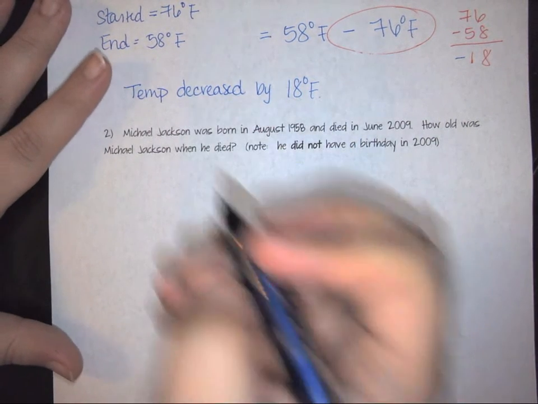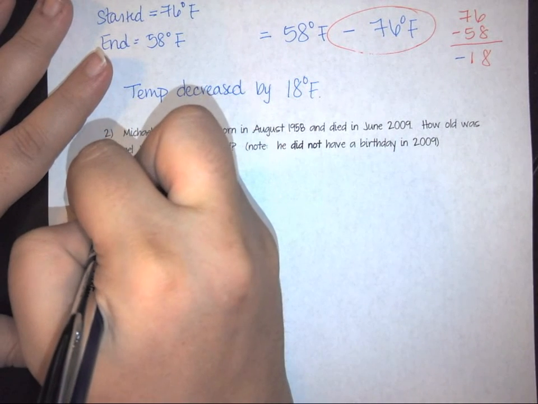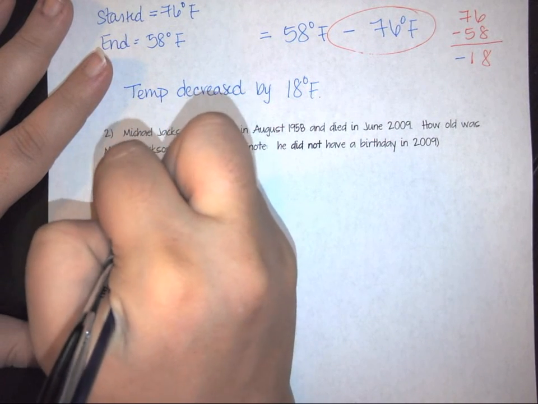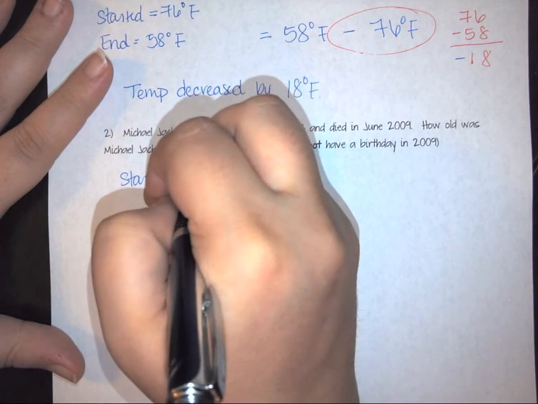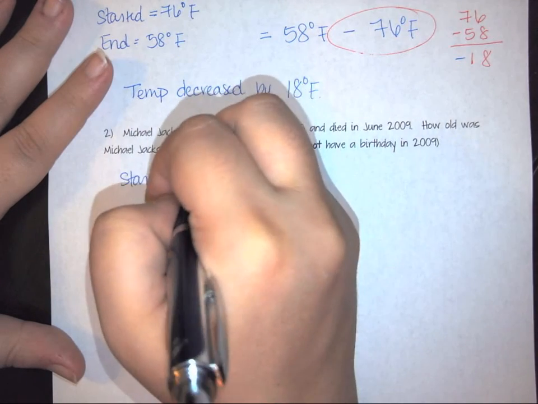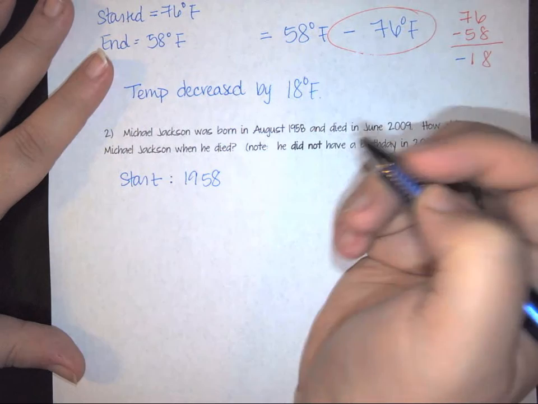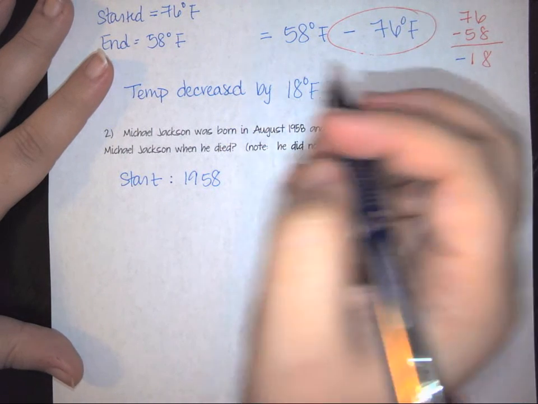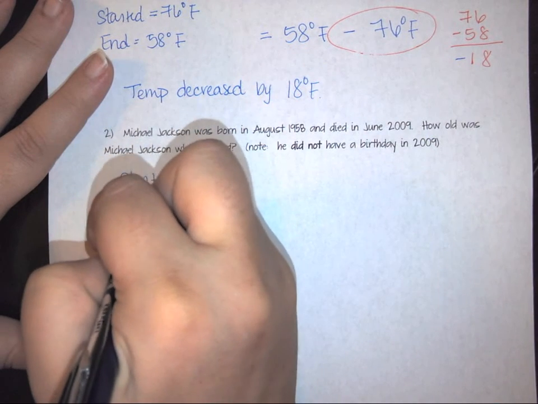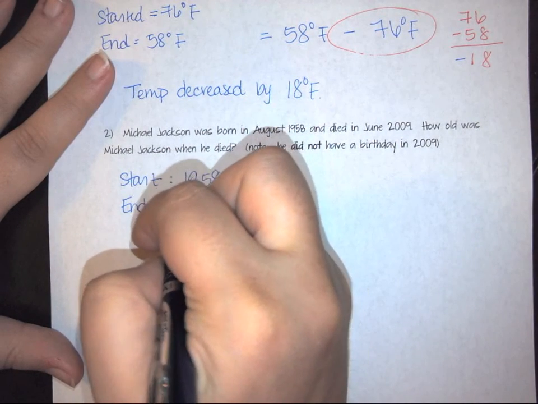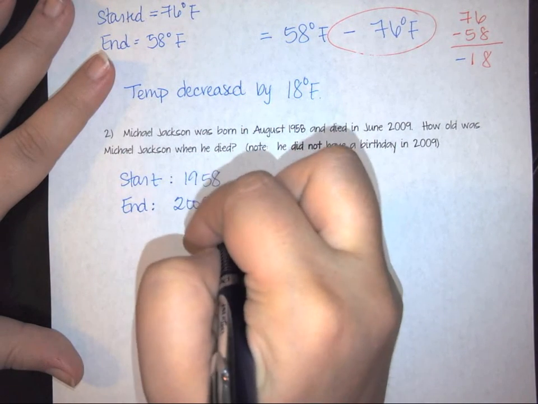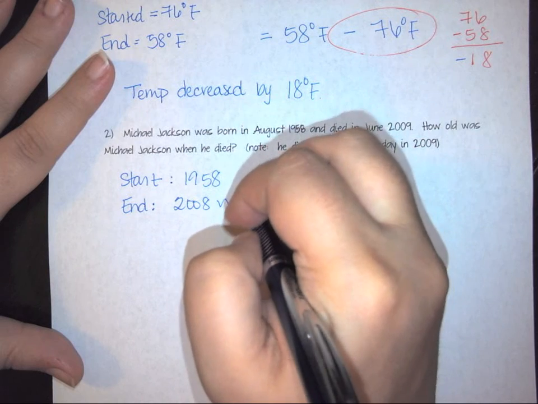Well, it means that your starting value is going to be the year 1958. And your ending value is actually going to be the year 2008.